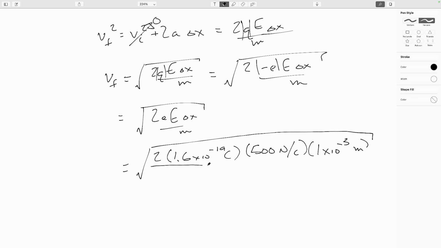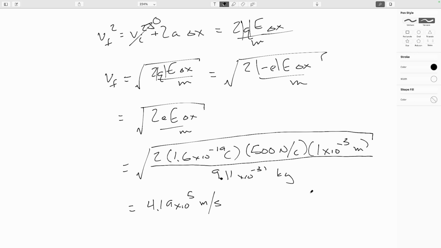And the electron mass is actually kind of easy to remember. I always think call 911: 9.11 times 10 to the negative 31, the ones in the 31 rhyme, kilograms. All right, and that will give us 4.19 times 10 to the 5th meters per second.